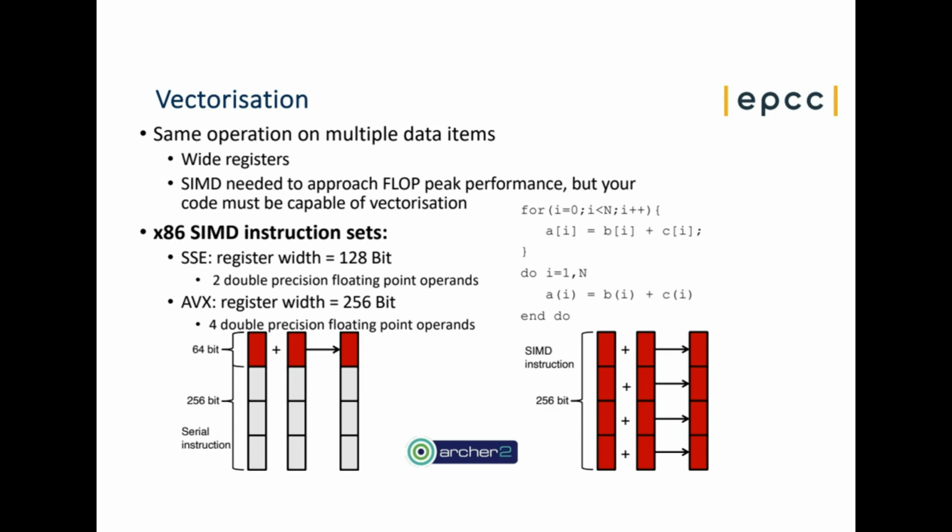But using the vector instructions, we can do 4 of these at a time. If these are double precision, then we can have an instruction which encodes for 4 additions simultaneously, and they get executed all at the same time in the vector unit.